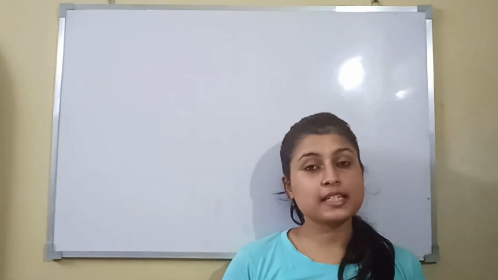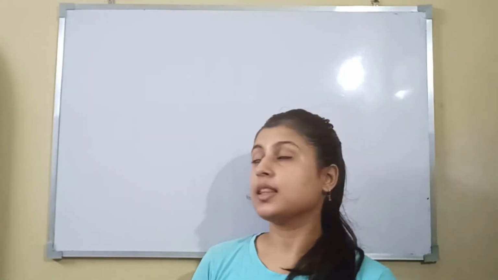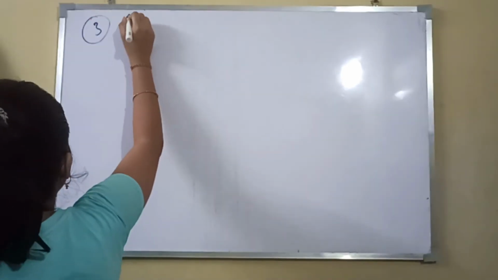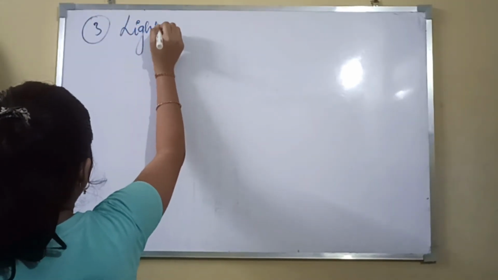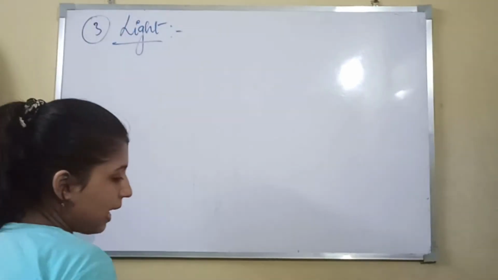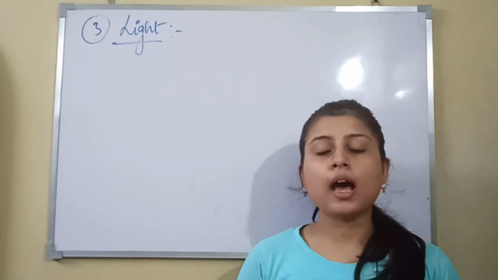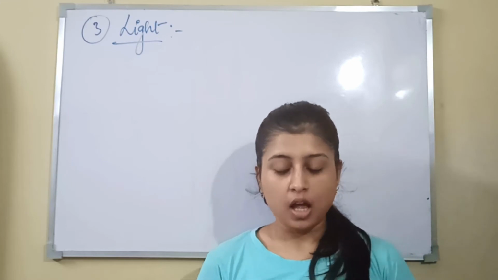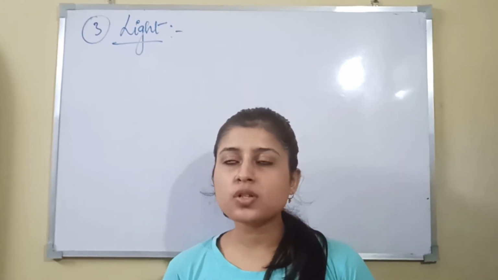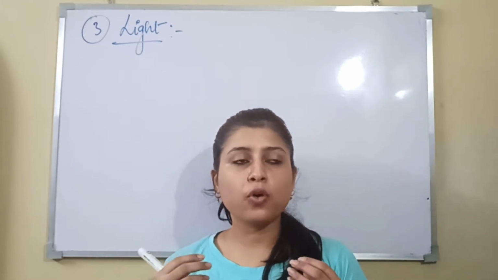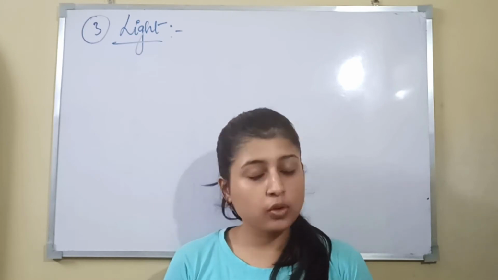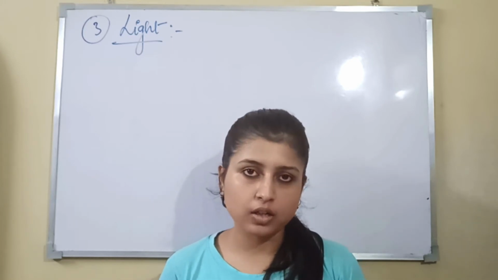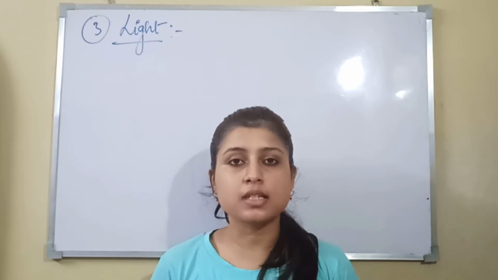So the next abiotic factor is light. So the third factor is light. So what is actually light? Light is an electromagnetic radiation. But for us, when we use this term light, what we mean is the visible light which human eyes can see.